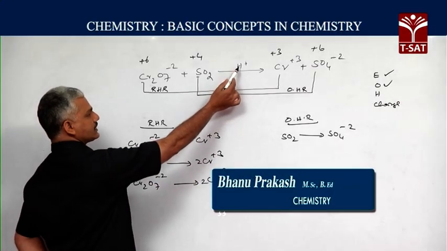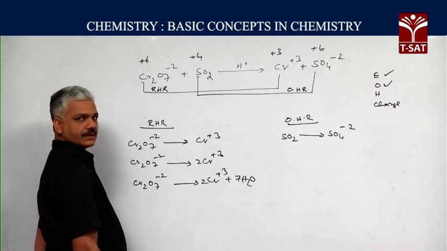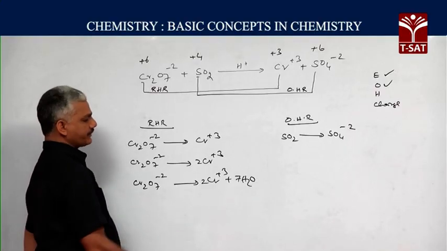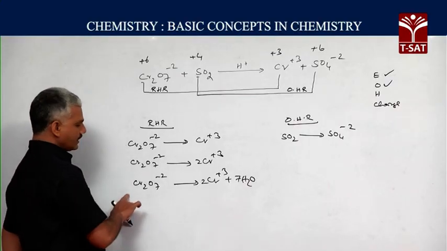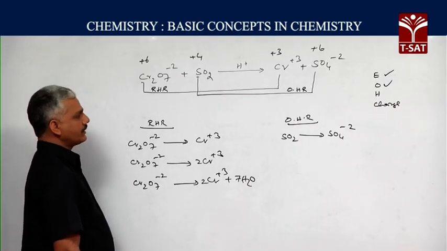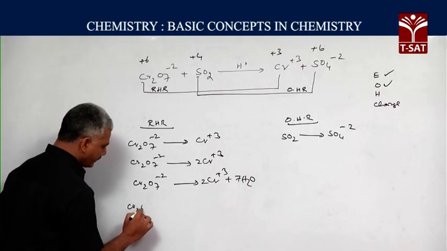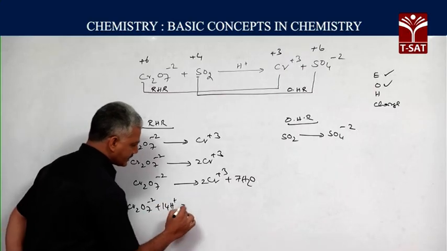Next, to balance hydrogen, we have to check the medium of the reaction. In the given equation, on the arrow mark it is mentioned as H+, which means the reaction is taking place in acidic medium. On the product side, 14 hydrogens are present. The reactant side is deficient by 14 hydrogens. So, as per the rule, we write 14 H+ ions.